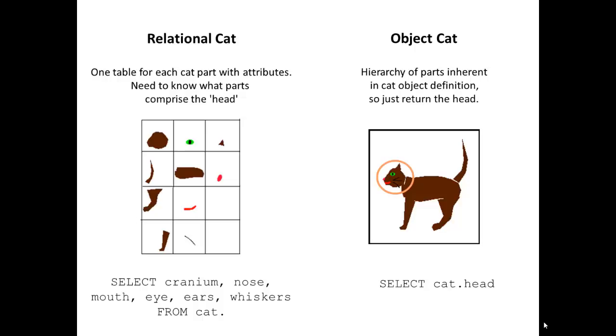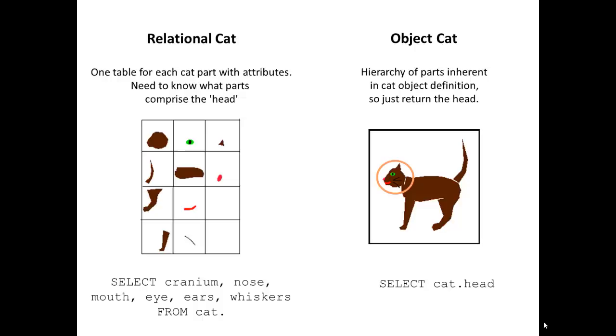And say we wanted to know all the information about the head of the cat. How do we get it in a relational table? Well, we have to actually know which tables make up the cat head. So we would have to know that we need the information about the cranium, the nose, the mouth, the eye, the ears, the whiskers, from the whole information we've got about the cat.